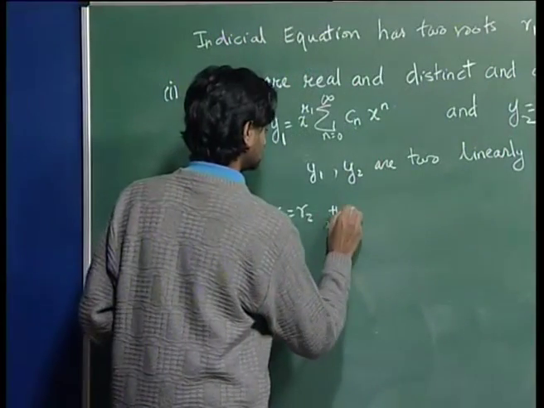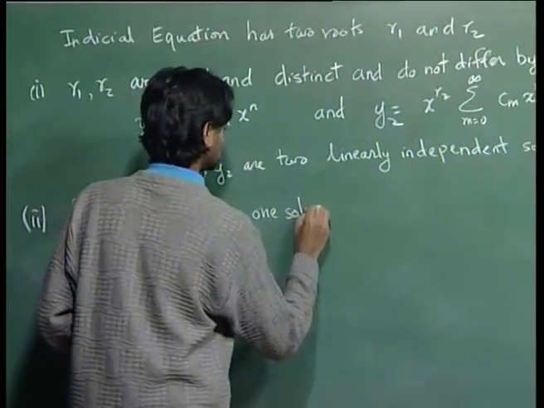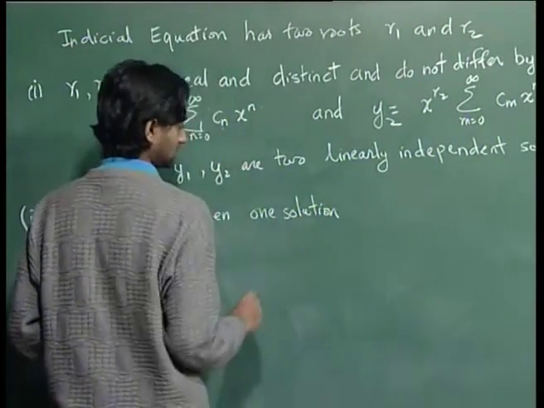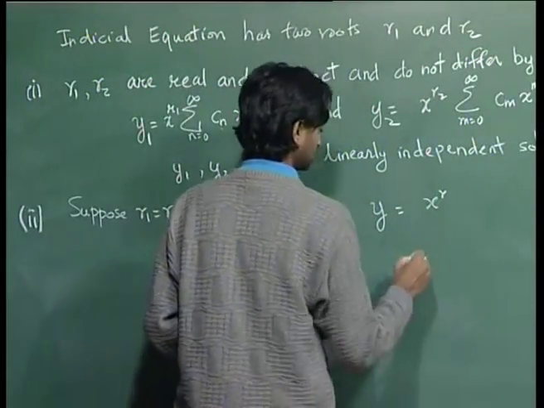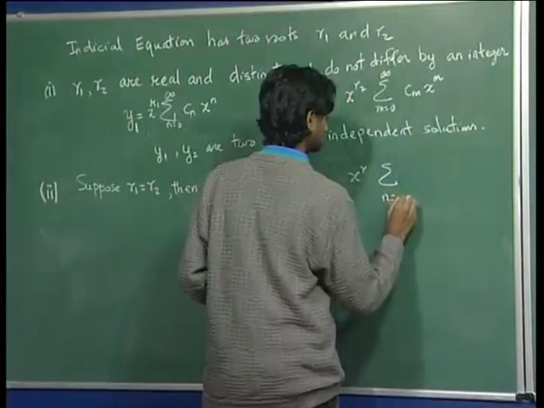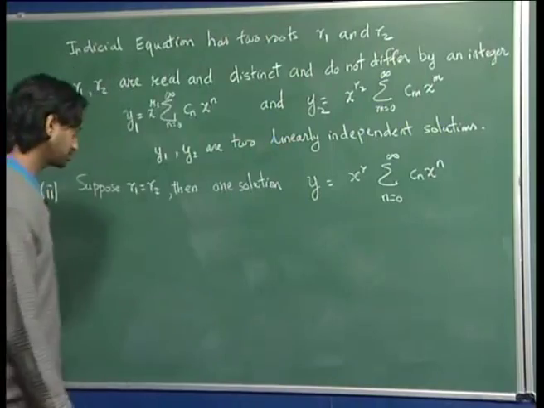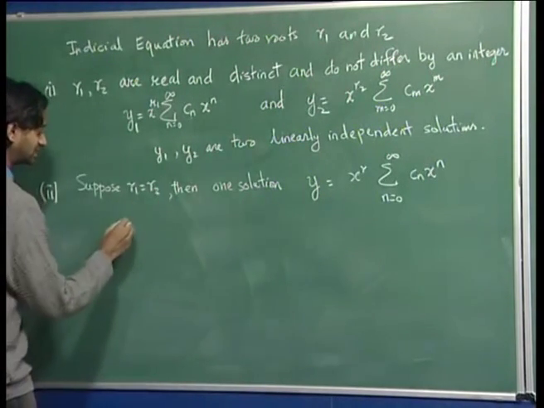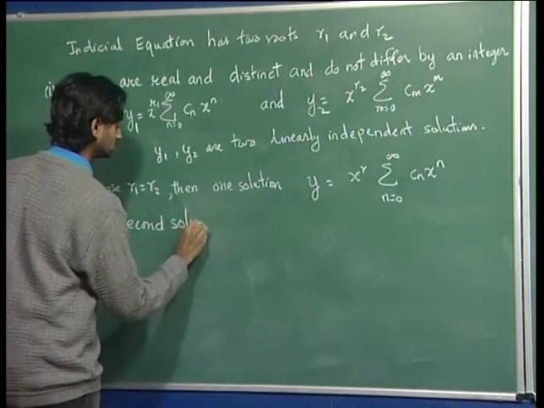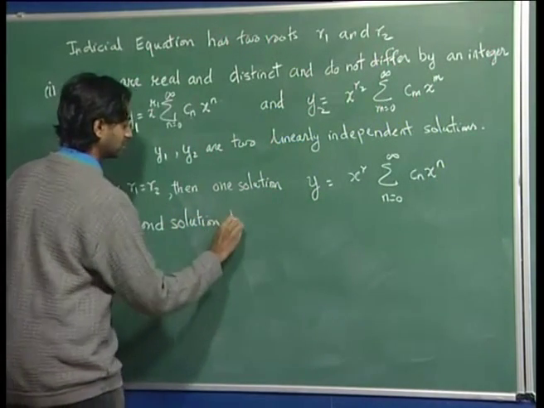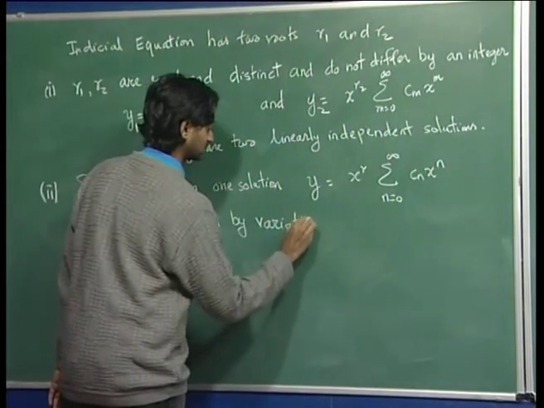Then one solution y is equal to x raised to r, sum of x raised to n, and we can determine the second solution by variation of parameters.